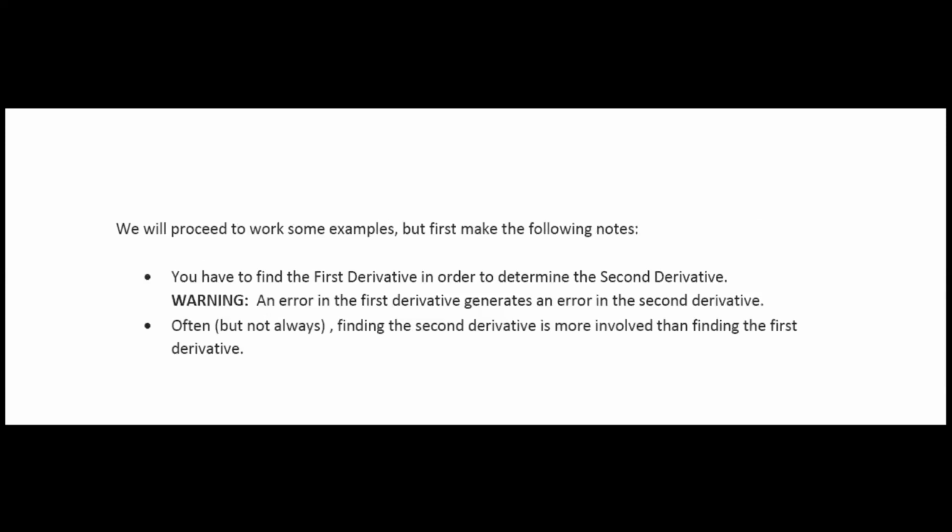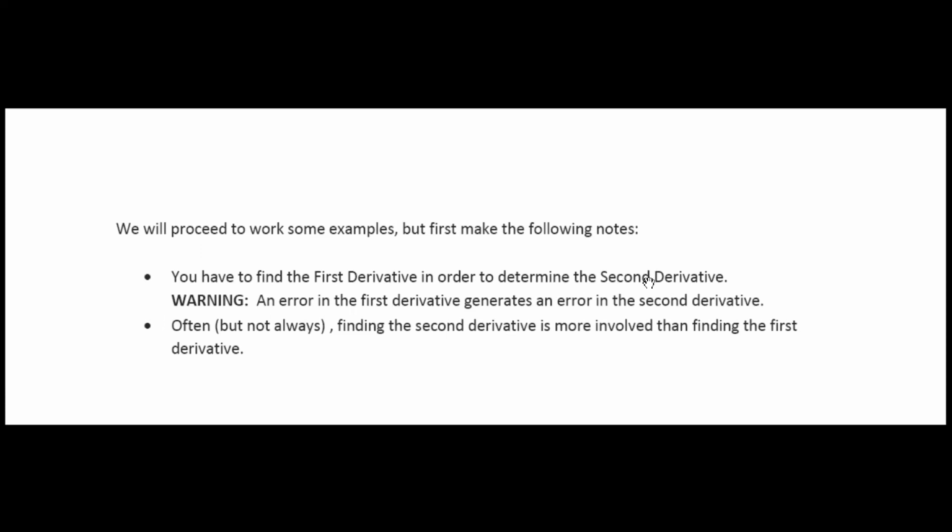Now, before we proceed to working some problems, let us flag a warning here. You have to find the first derivative in order to find the second derivative. So if you make an error in the first derivative, you're doomed to make an error in the second derivative.